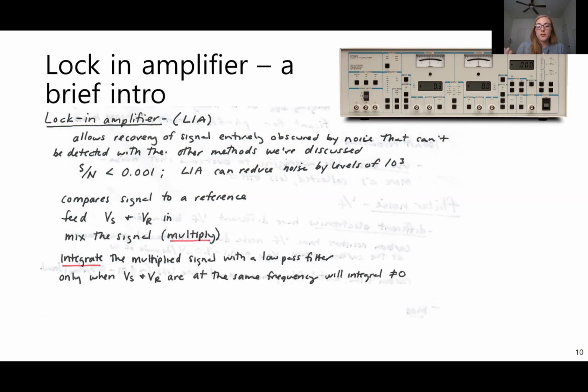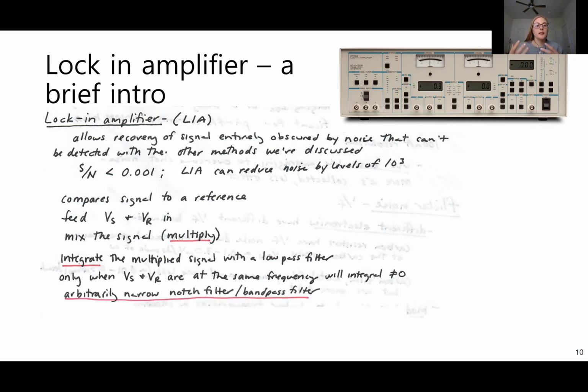Everywhere else, it will equal 0. So once you're locked into that frequency, you can actually see a value from the mathematics that we're doing within the lock-in amplifier with these two signals. Once you get a value that's not 0, you know that's the frequency of your signal.